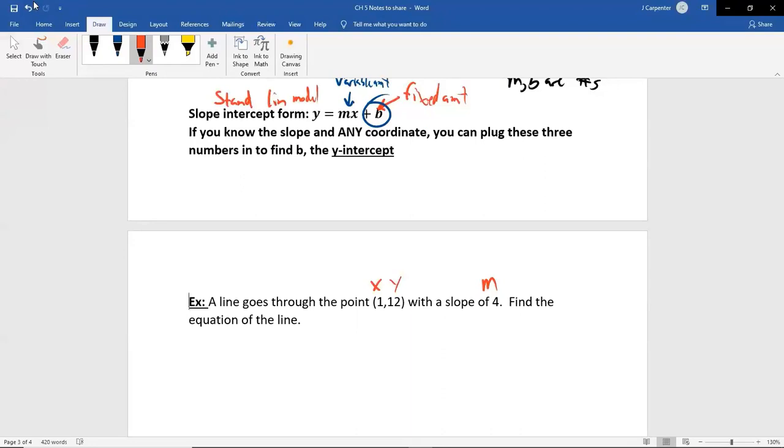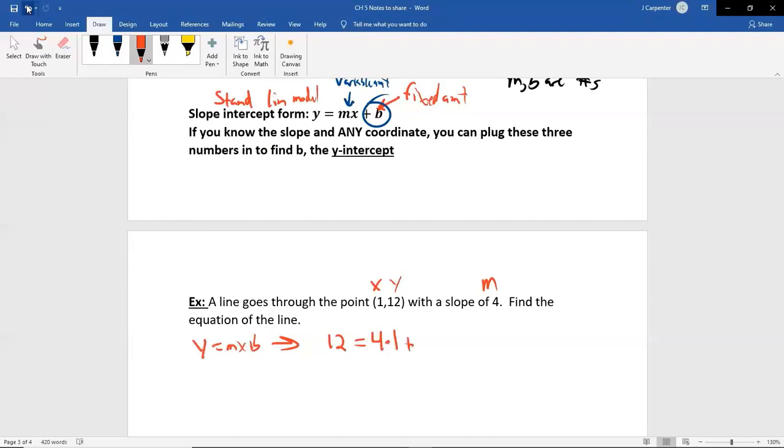So all we're going to do is plug these three numbers into this where it looks like they would go. So instead of y equals mx plus b, the y is the 12 equals, the m is the 4 times, the x is the 1 plus, the b is, well, what's the b?